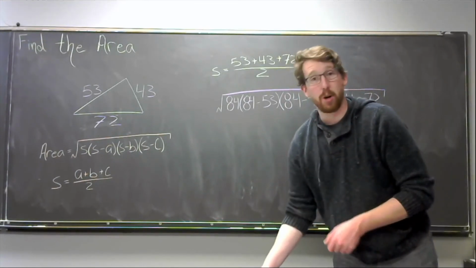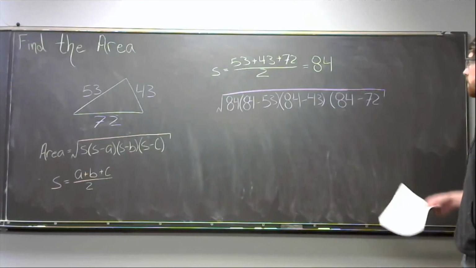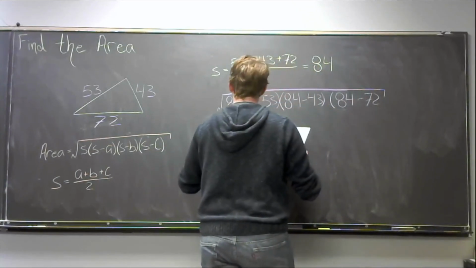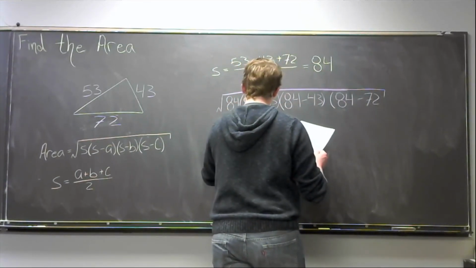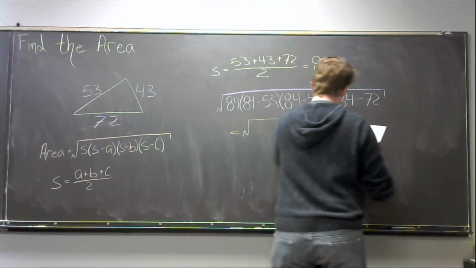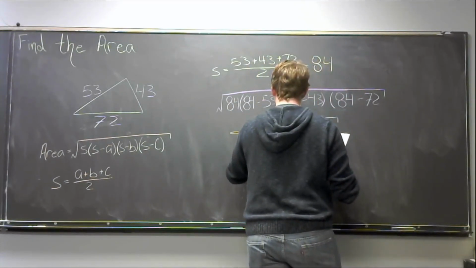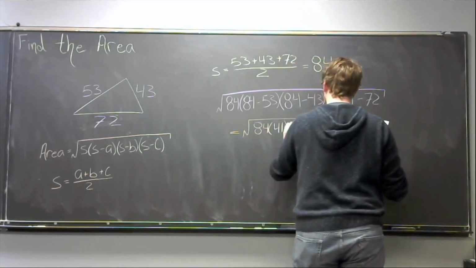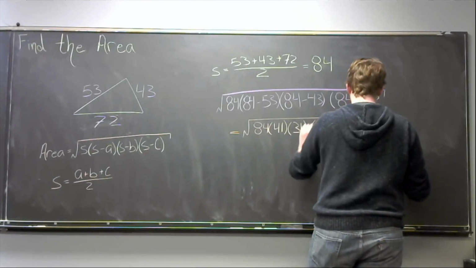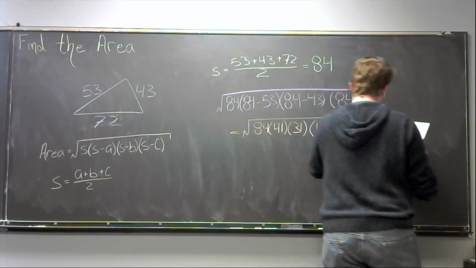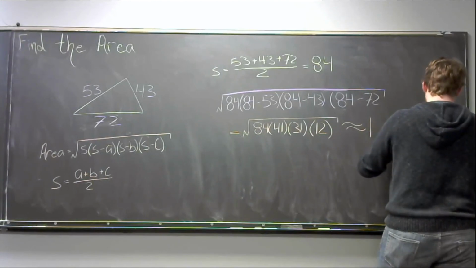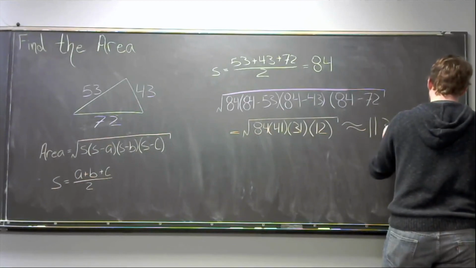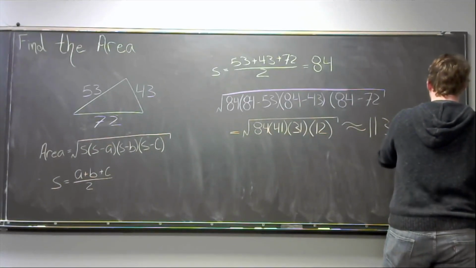Well, I'm not going to bore y'all with working all this out and simplifying it. I'm just gonna go ahead and write it all out. We know this is going to come out to be the square root of 84 times 41 times 31 times 12, which is approximately 1,131.89.